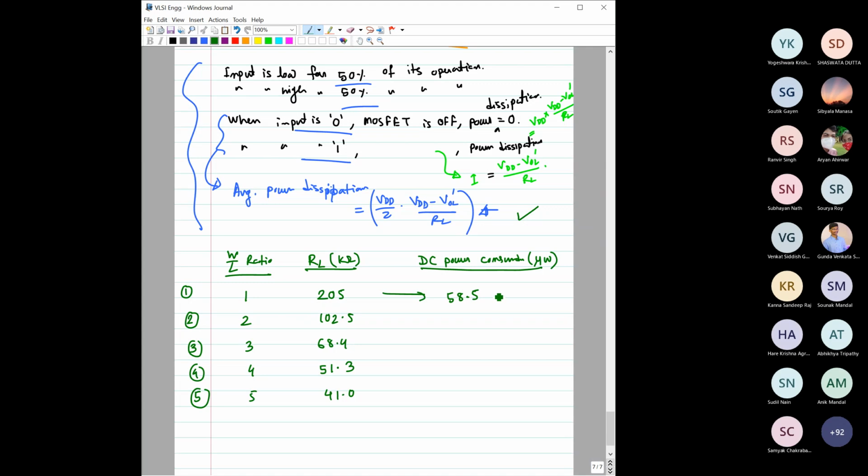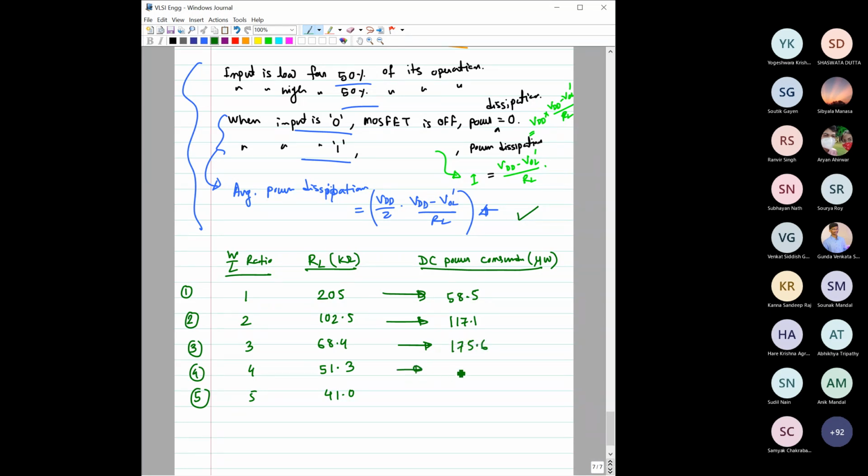58.5 microwatt. Thank you, that is absolutely correct. For the second one, I got around 117. Cross check: 117.1. For the third one, 175.6.